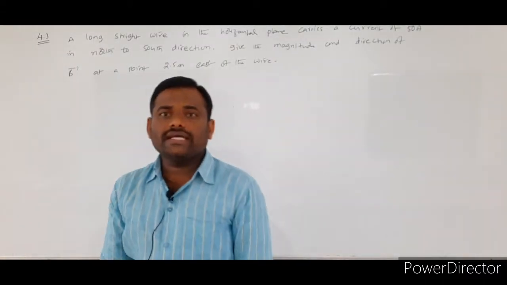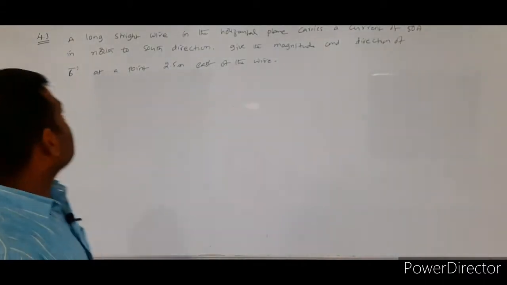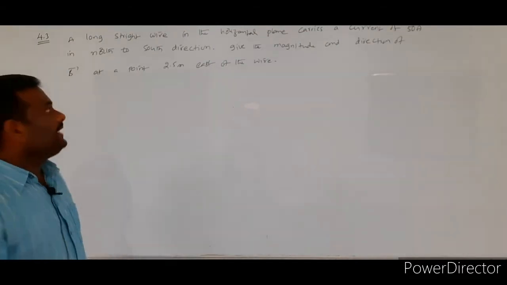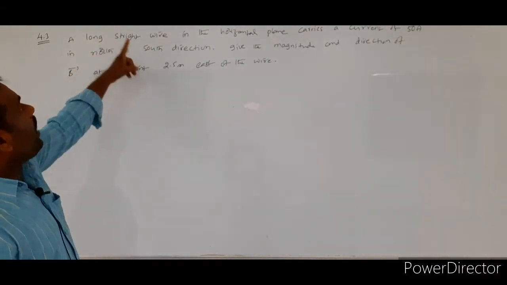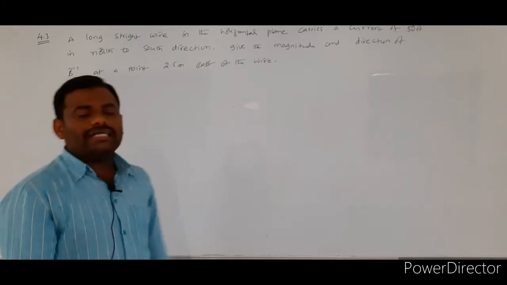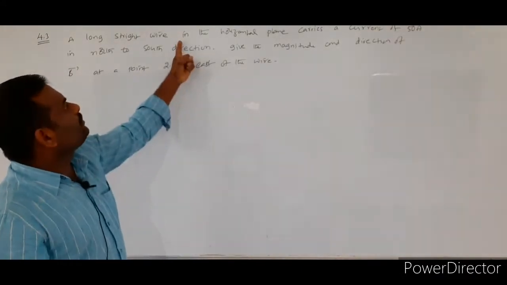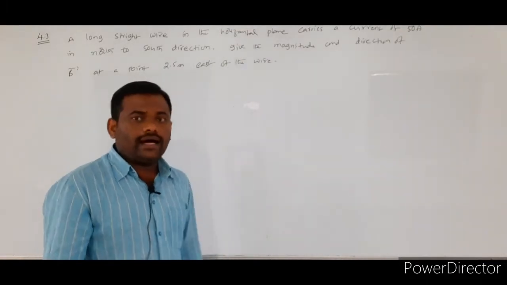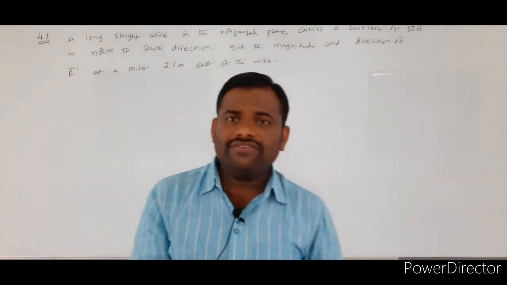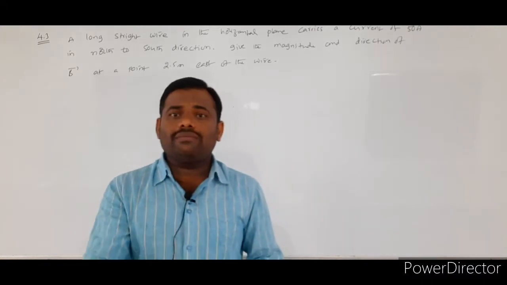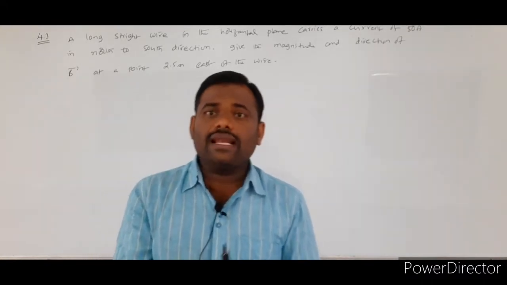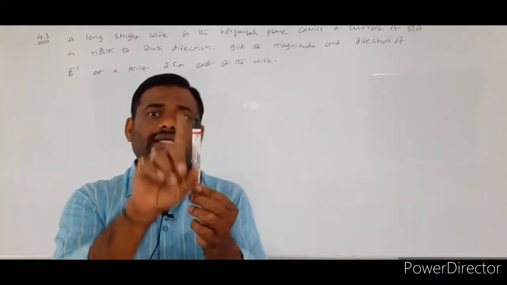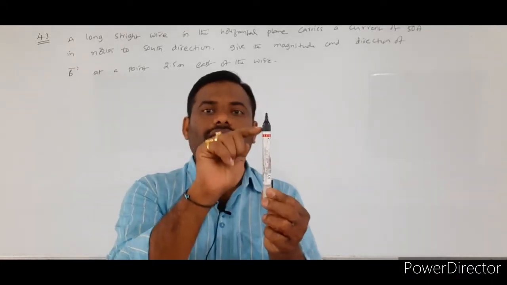Next, coming to the third numerical. In this third numerical, they mentioned that again they consider a long straight wire that should be placed in the horizontal plane. So what is the difference between the last problem and this problem is, in the case of the last problem, they considered the straight current carrying conductor which is placed vertically upwards.